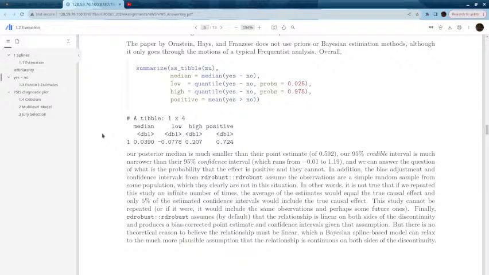So if we were to summarize the difference between the expectation when the left party has a plurality versus when they don't, we get a median that is about 0.04. So that is much smaller than the point estimate that was obtained in the paper. We get a 95% credible interval that ranges from about negative 0.08 up to about positive 0.2.